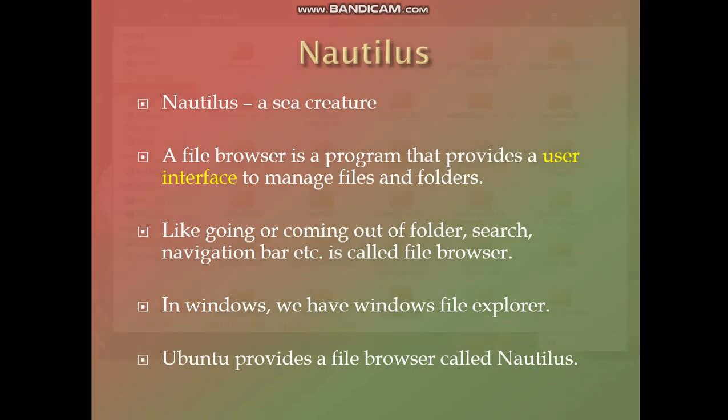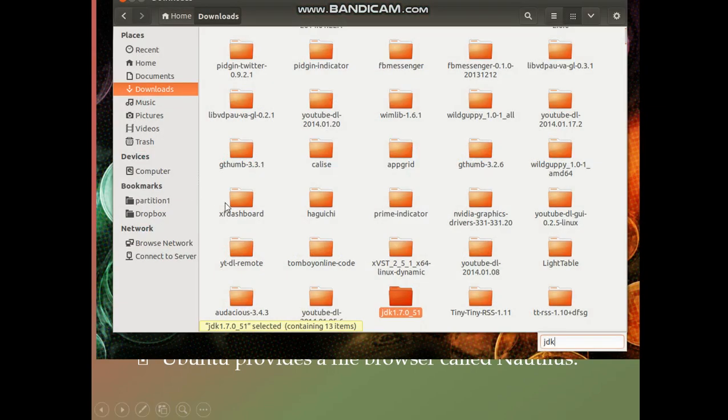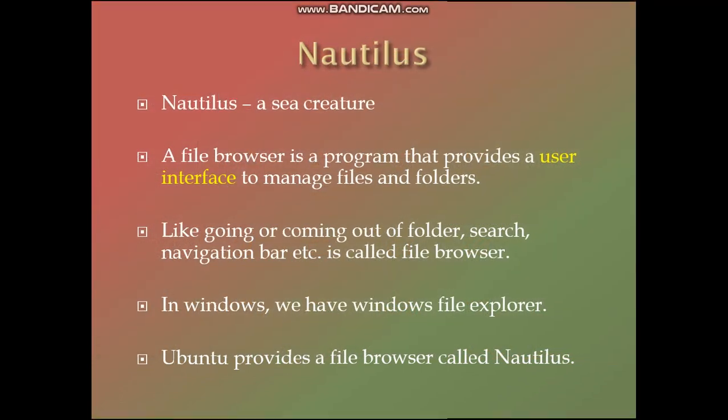In the Ubuntu operating system, it is called Nautilus. So Nautilus looks like this. You can see the same navigation bar like recent, home, documents, and when someone clicks on downloads, it looks like this. Whatever images are included in downloads will show on the right part.